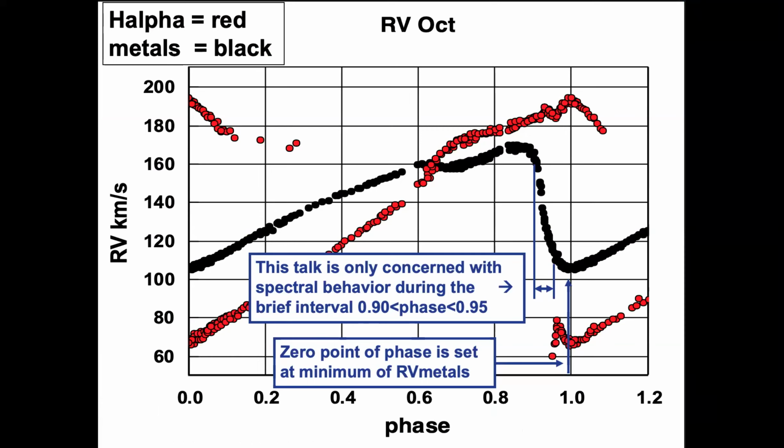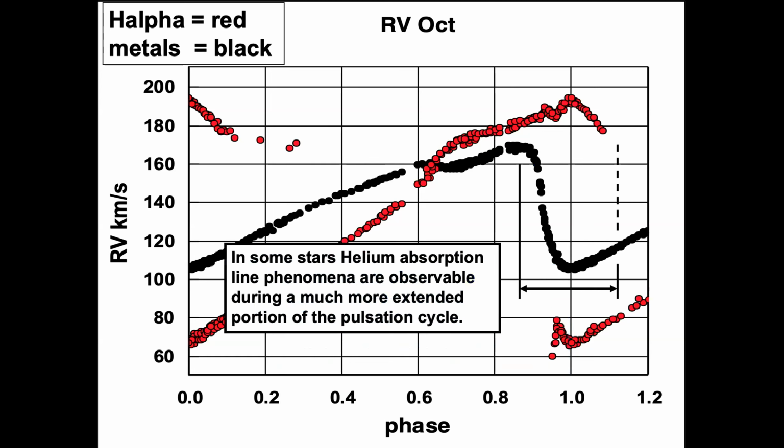Between phases 0.9 and 0.95, and the zero point is defined by the velocity minimum of the radial velocities of metallic lines. Now, in some stars, I should mention that the helium absorption line phenomena are observable during a much more extended portion of the pulsation cycle, all the way out to that dashed curve you see, well beyond maximum light.